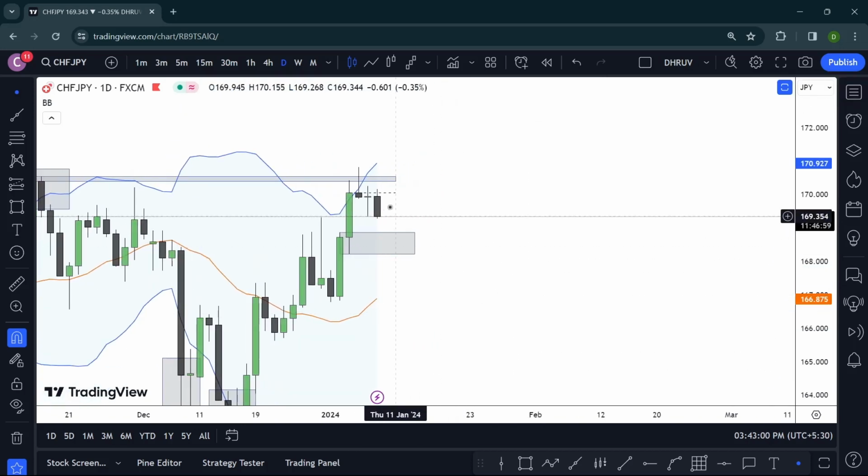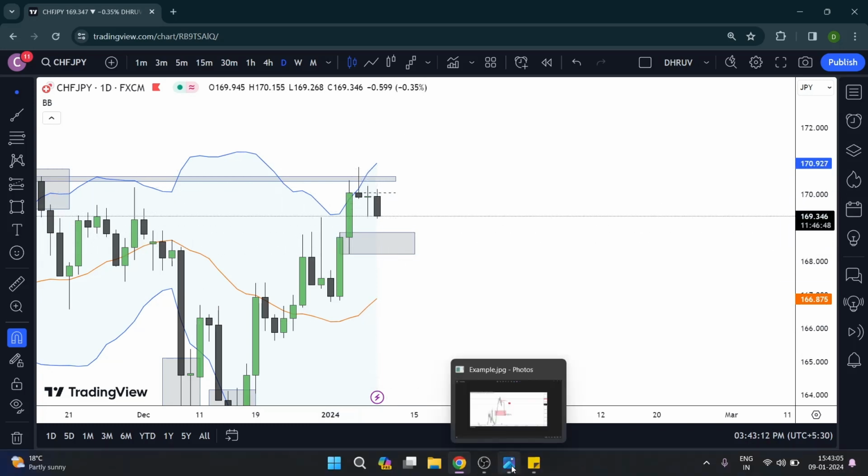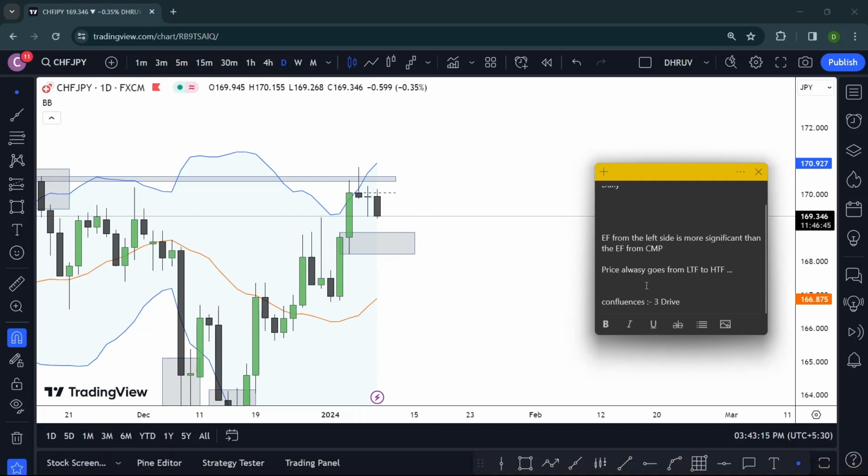So what's happening over here? We have a break from the Bollinger Band, and we can expect a pullback till this area. So what are the confluences we have?